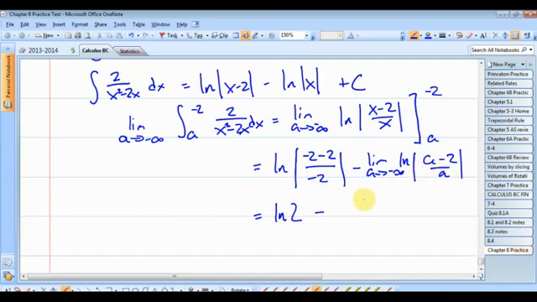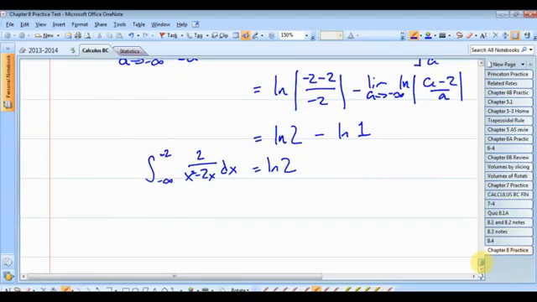So this goes to 1. Natural log of 1 is 0. So the integral from negative infinity to negative 2 of 2 over x squared minus 2x dx is equal to the natural log of 2. Antiderivative first, deal with the definite integral later.